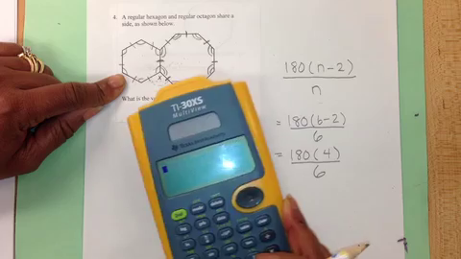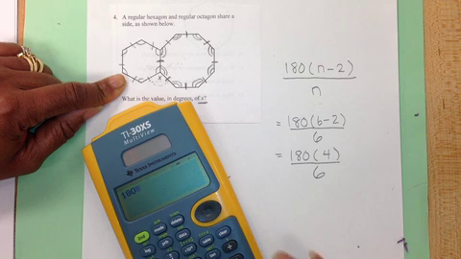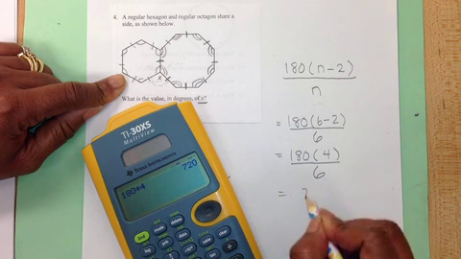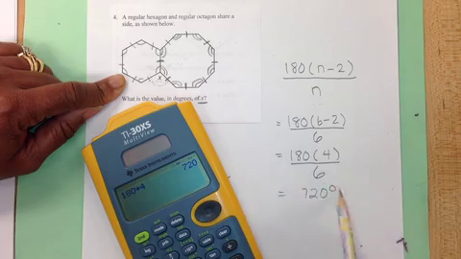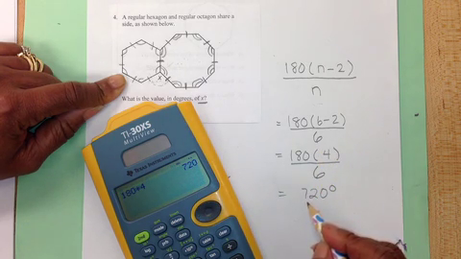Now I need to use my calculator to ensure that I get the correct answer. So I make sure it's clear. I say 180 degrees times 4, that's 720 degrees. Now that would be the sum of the interior angles of the polygon, but I only want an interior angle, one angle.